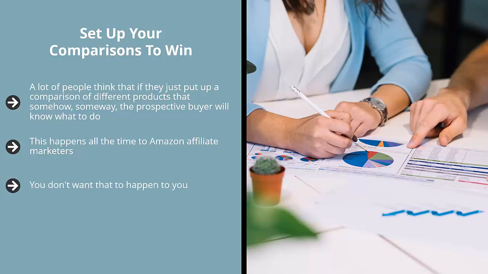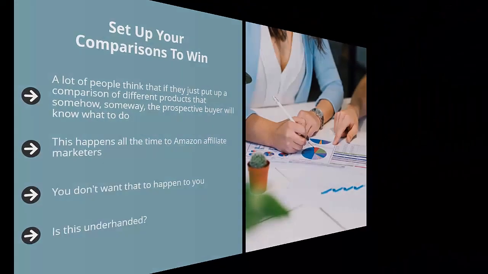You don't want that to happen to you. So, you have to set up your comparisons in an underhanded way. Basically, just by looking at the comparisons, it becomes abundantly clear what direction you're pushing them to. Is this underhanded? Yes, but it doesn't have to be unethical. If you lay out the facts, then ultimately, it's the consumer's choice.